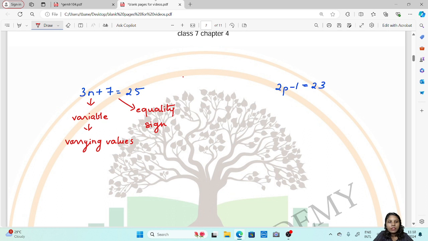Same way, we have this one also. It has a variable, an equality sign, and this is the LHS and this is the RHS. We already know that our LHS should be equal to RHS. Only then is the solution to our equation correct.